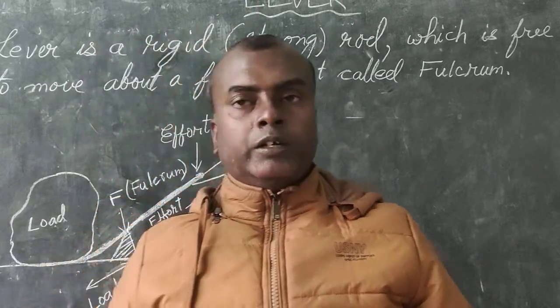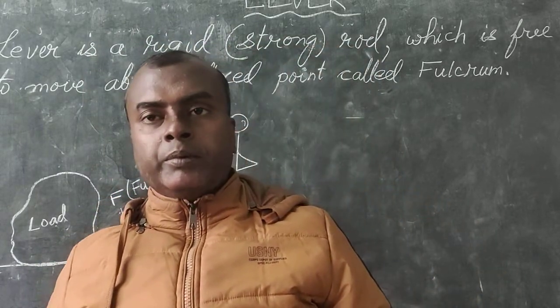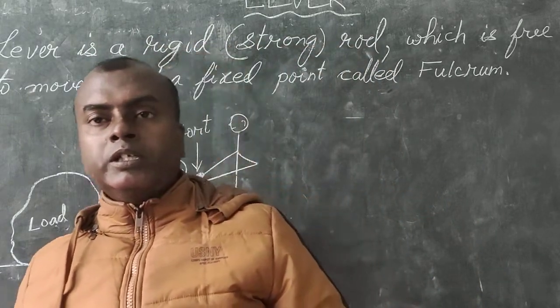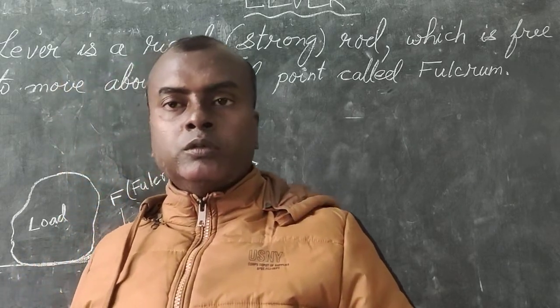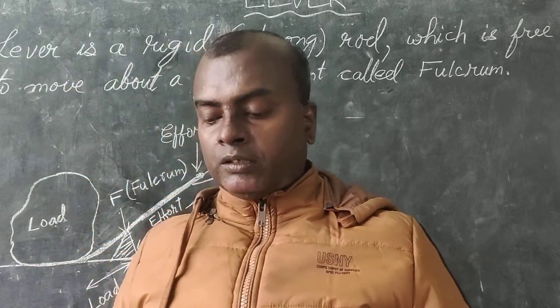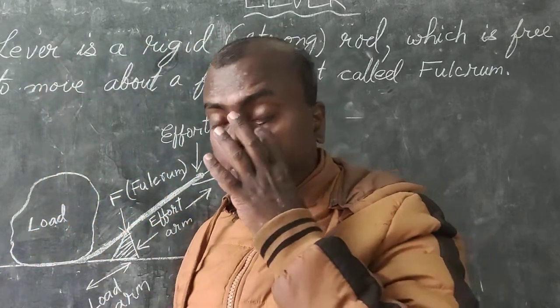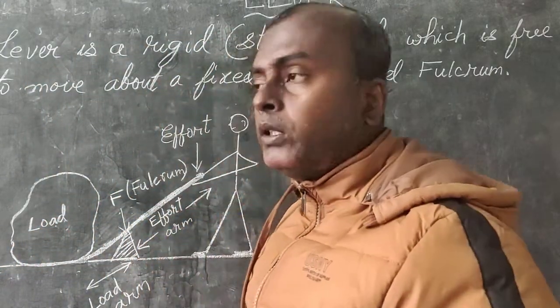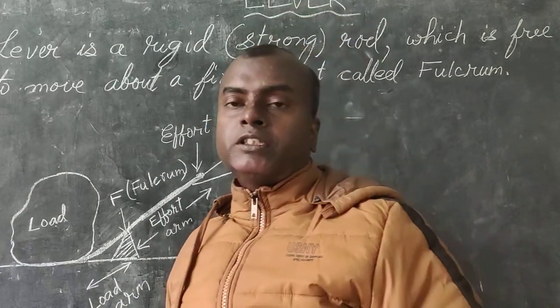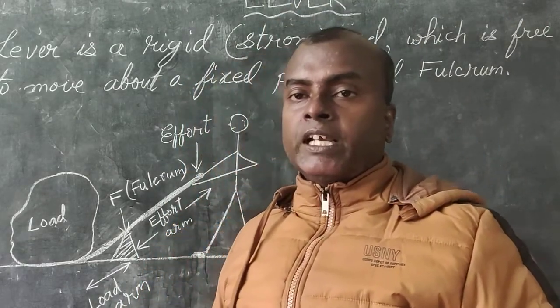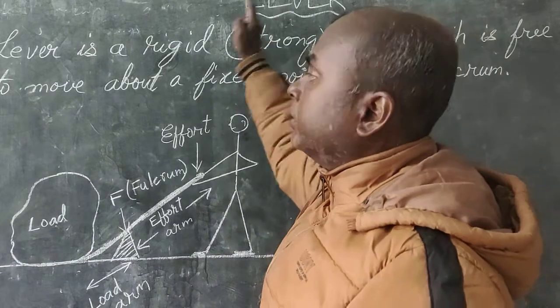Okay, so lever, inclined plane, pulley, wheel and axle, screw, and you have a wedge. Okay, sharp tools. So we will start today with the first category of simple machine, that is lever.